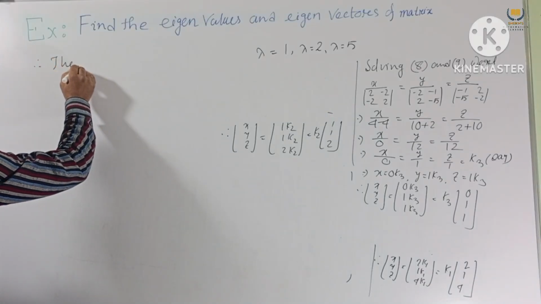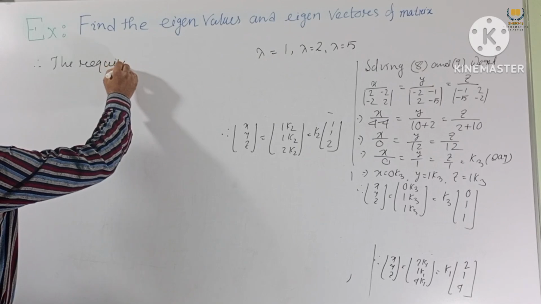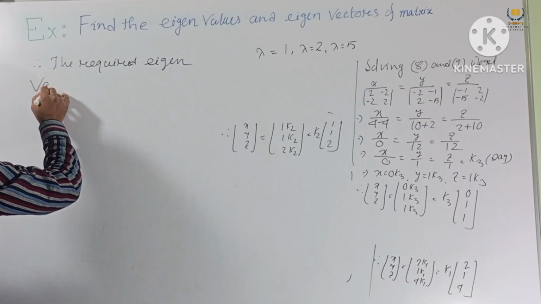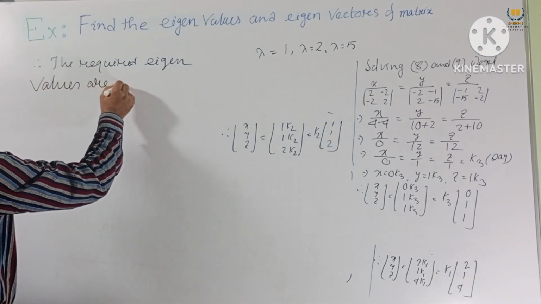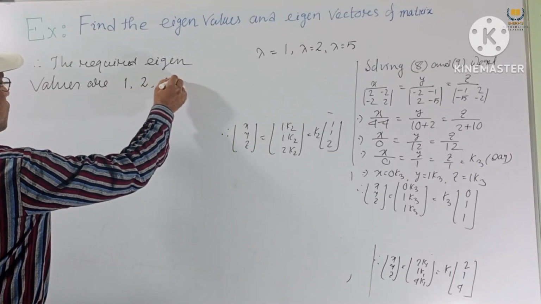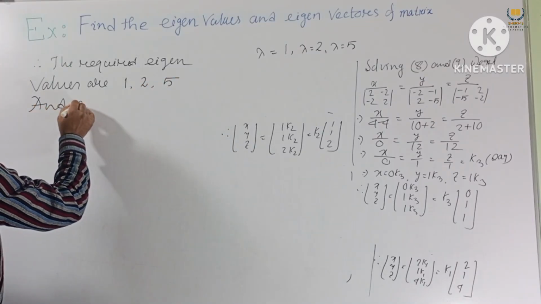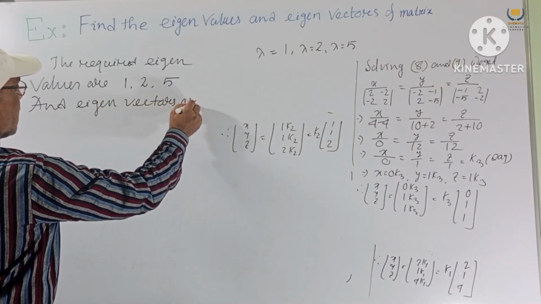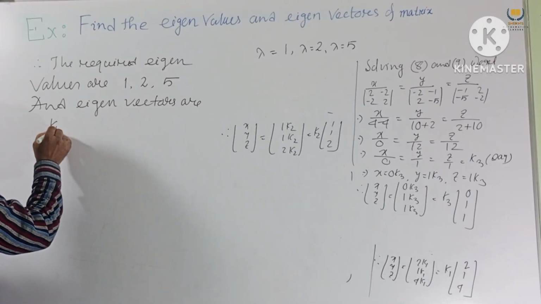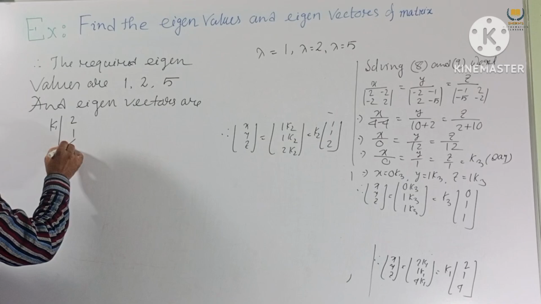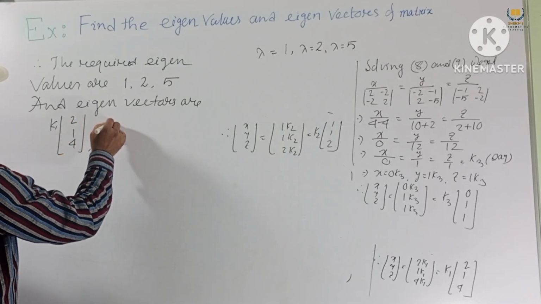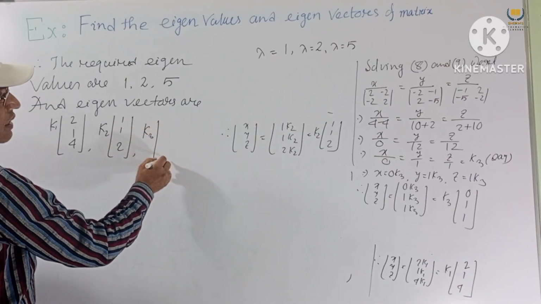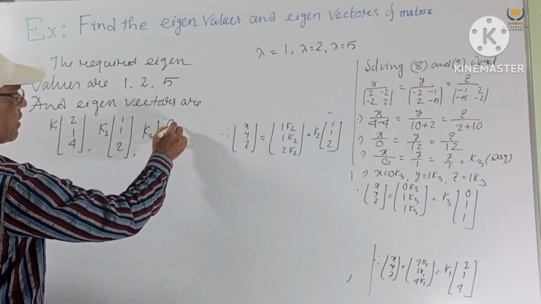Therefore, the required eigenvalues are 1, 2, 5, and eigenvectors are: first eigenvector k1 times 2 1 4, next k2 times 1 1 2, next k3 times 0 1 1.